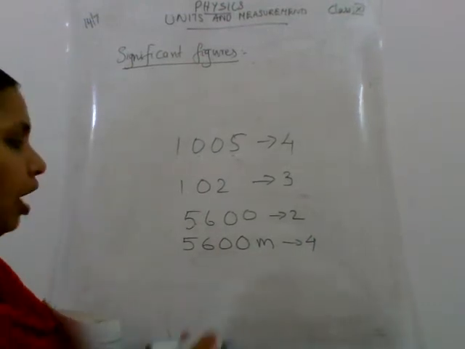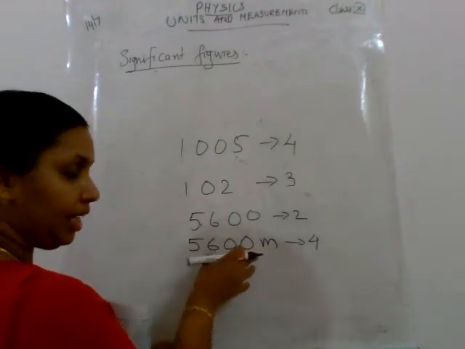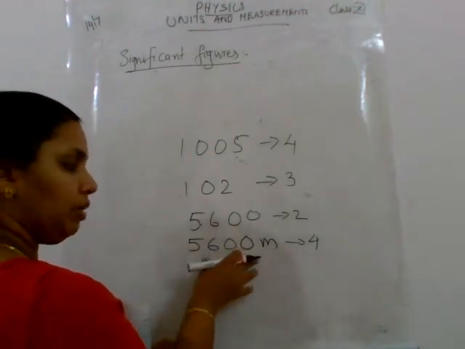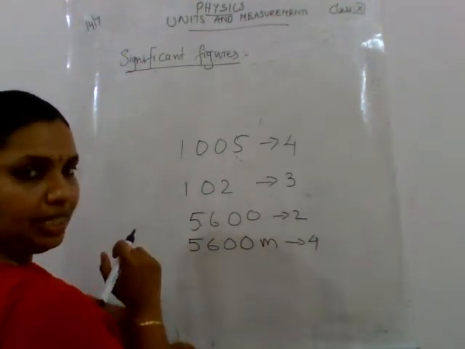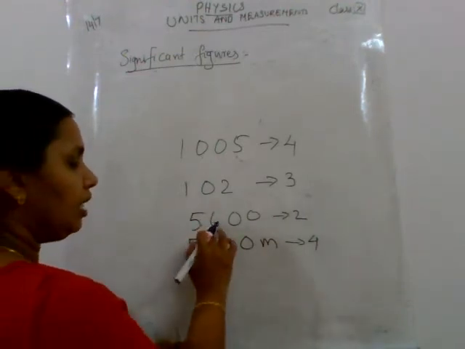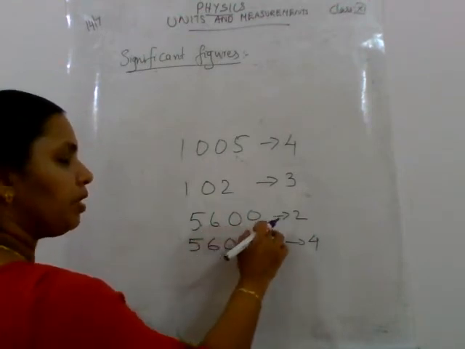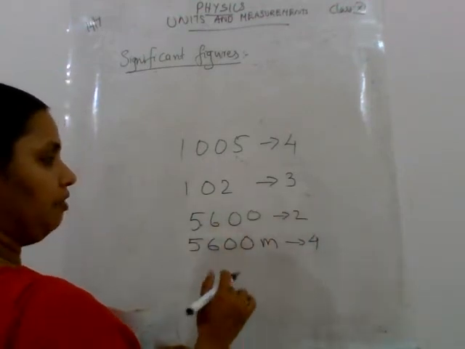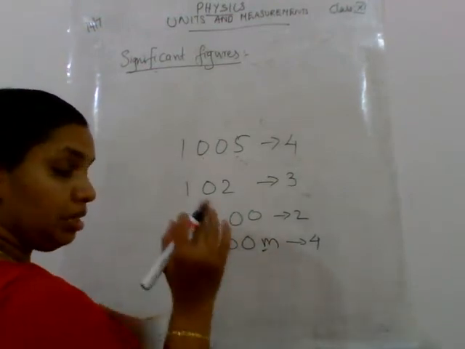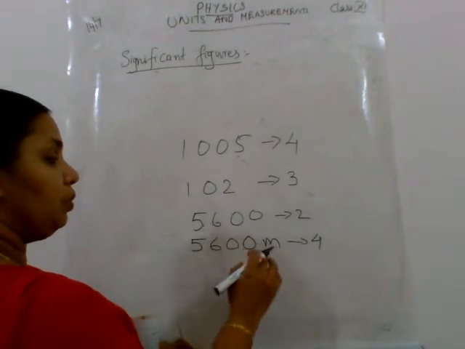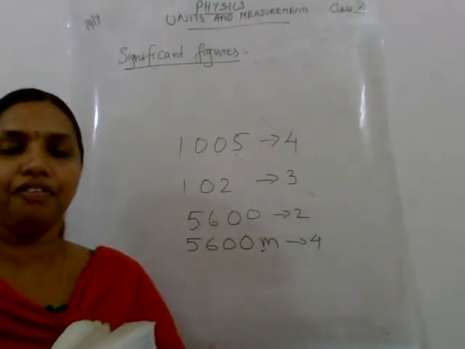After a quantity, when we mention the unit, we are considering it as a physical or measured quantity, and the zeros will be considered significant figures. Without the unit, the zeros come right of the non-zero digit, so they won't be considered significant figures, so only 2. And when we write meter, specifying the unit, then there are 4 significant figures.